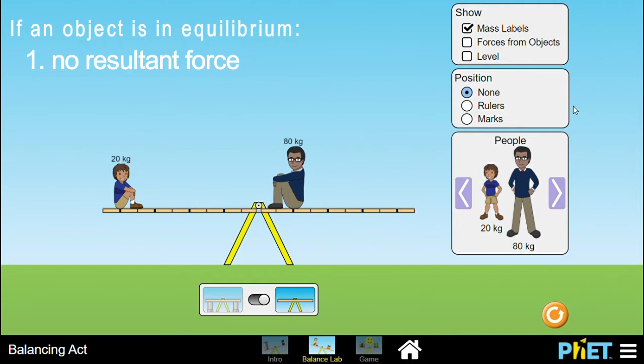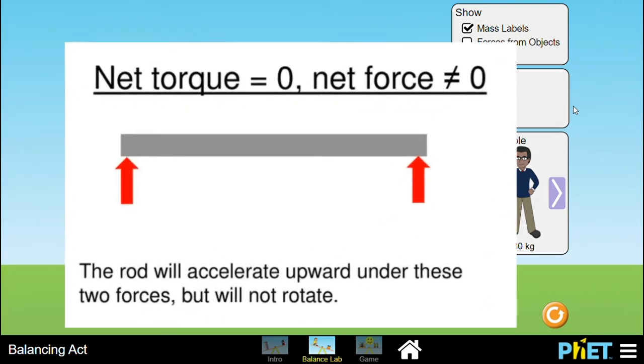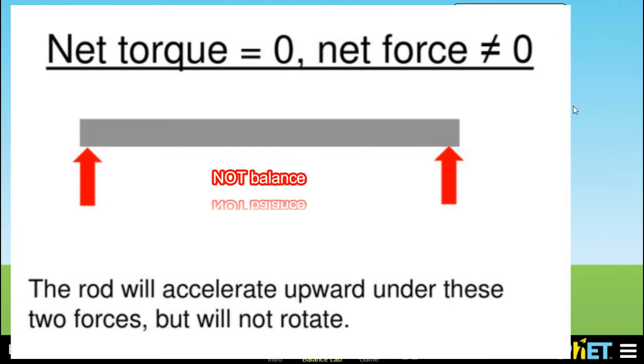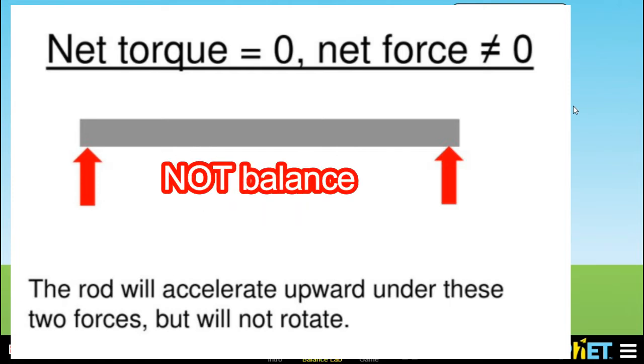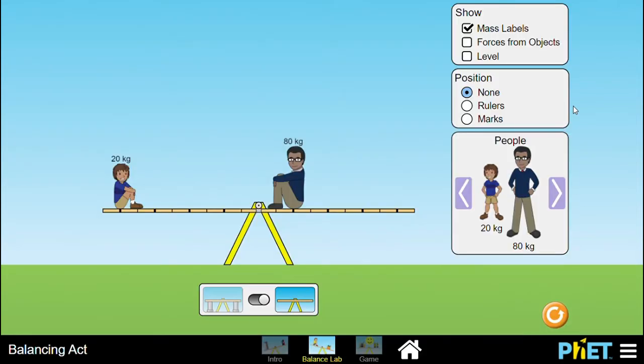It means that there is no resultant force. And also, the turning effect of the forces on it must be balanced. It means that there is no resultant turning effect. If a resultant force acts on an object, it will start to move in the direction of the resultant force.